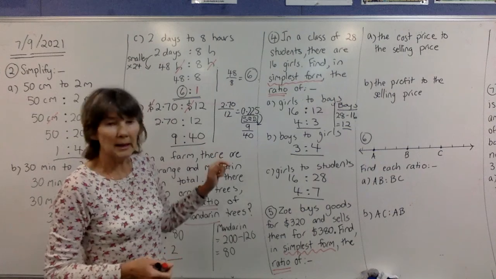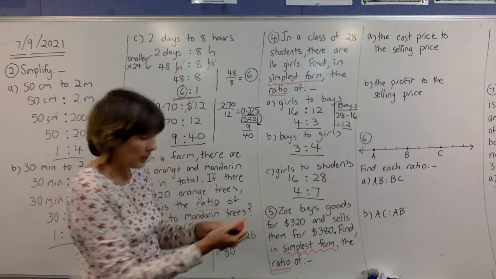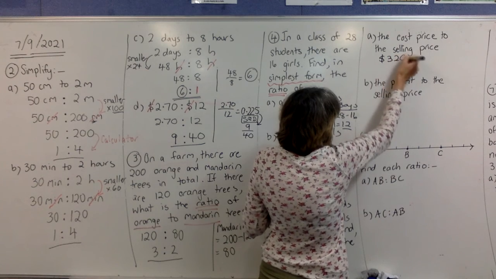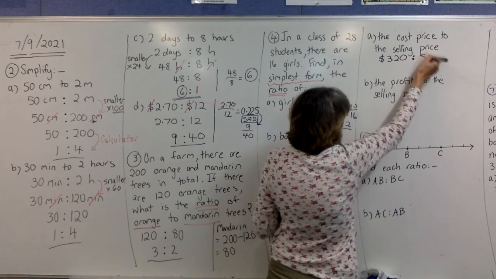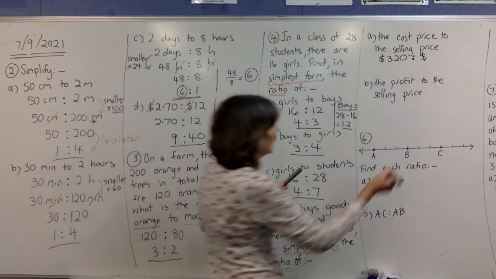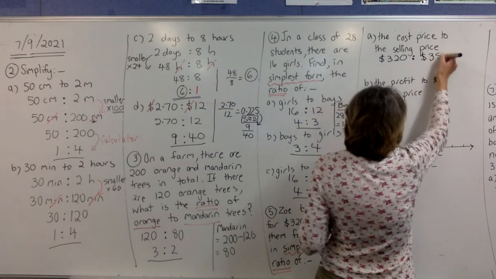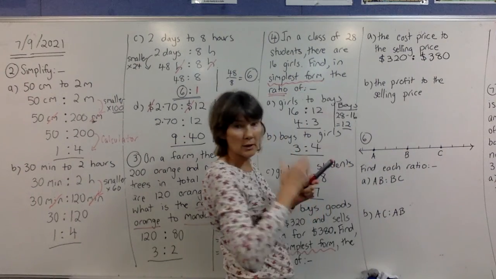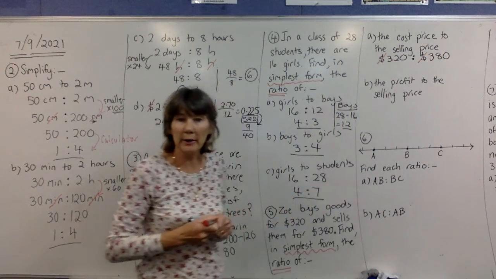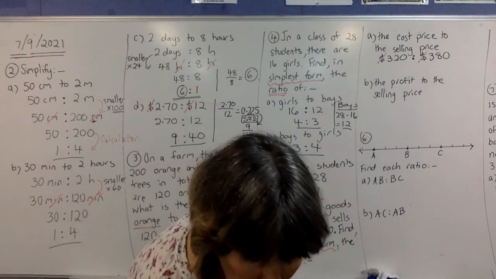So on the first one here, the cost price would be $320. And it's a ratio, so let's put the 2 dots for the colon in. And the selling price, they told you, was $380. Now you can cross out the dollar signs because they are the same units and put that in your calculator, 320 over 380.